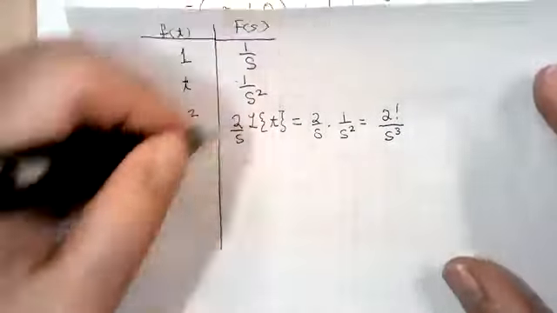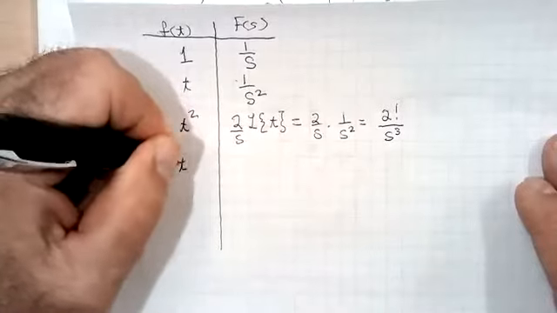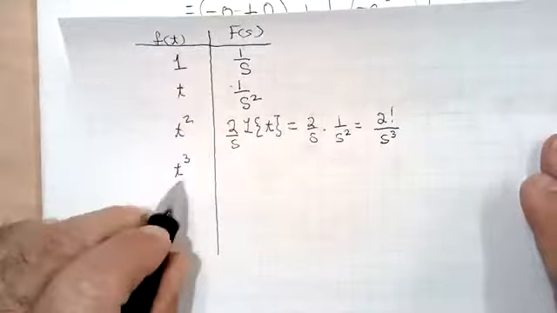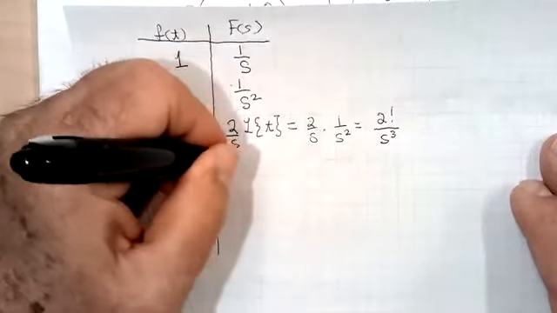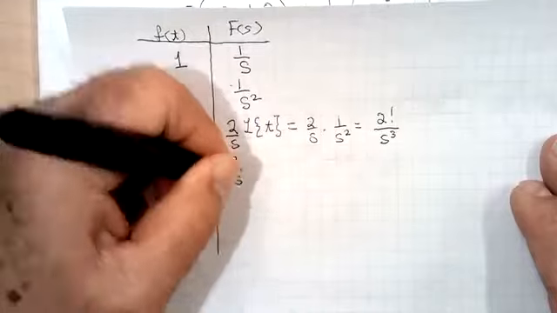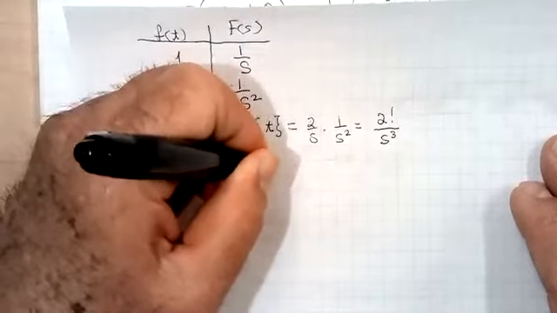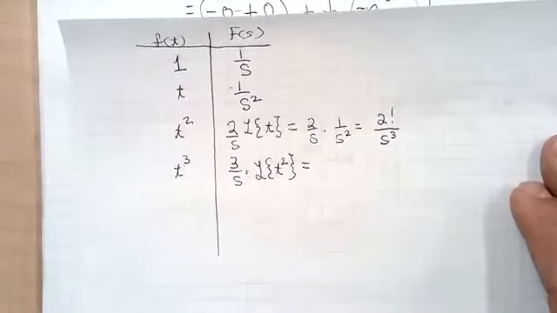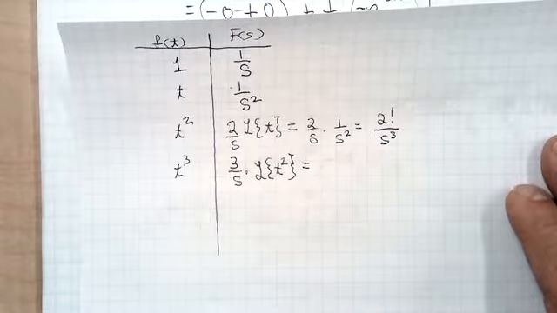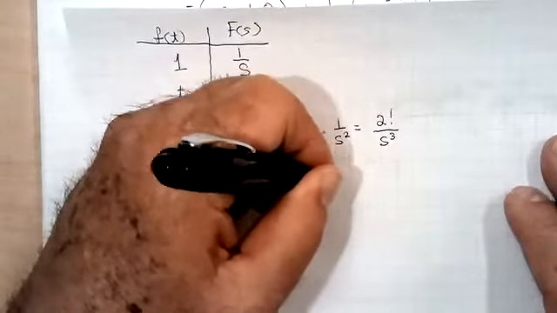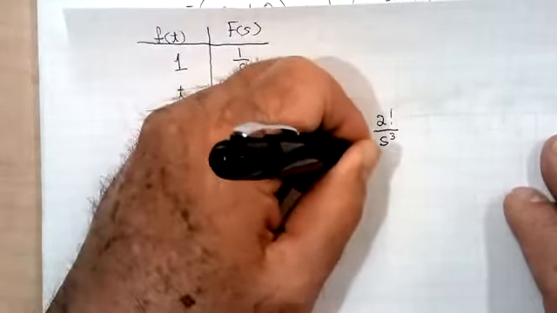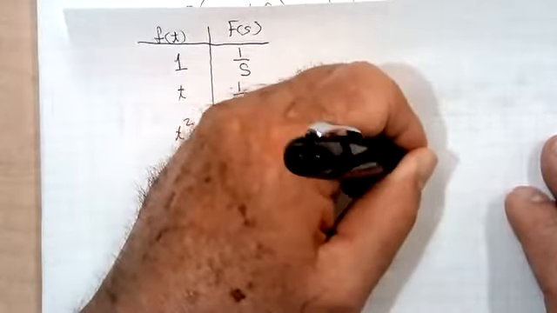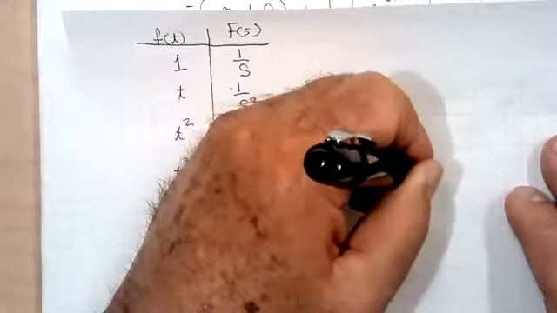But now you can see, well, let's do t cubed. If we use that same pattern, you're going to get a 3 over s multiplying the transform of t squared. But the transform of t squared is known. So I have 3 over s multiplying 2 factorial over s cubed, 3 factorial over s to the 4th.